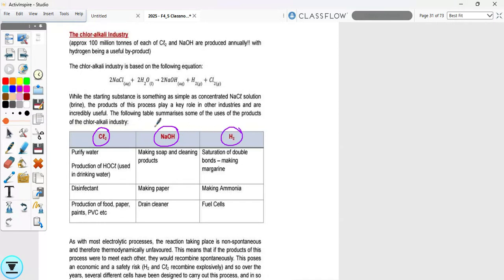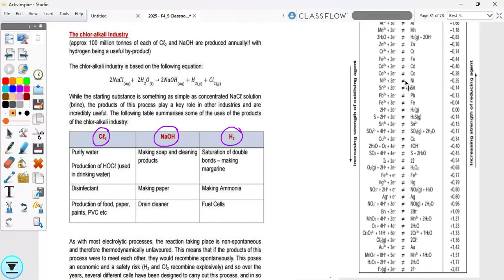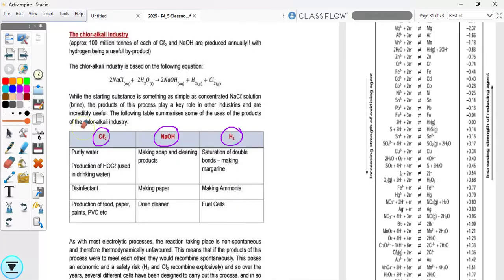But you're still going to use your table to get to these reactions. So they can still ask you. So now you'll see it's just an application. Because if you think about what we have, NaCl. You don't even have to write plus water, because NaCl is already in water. So it's not reacting with water. It's just electrolyzed.